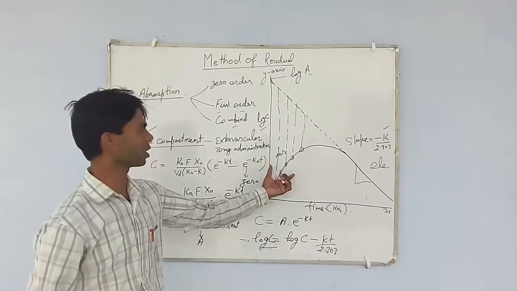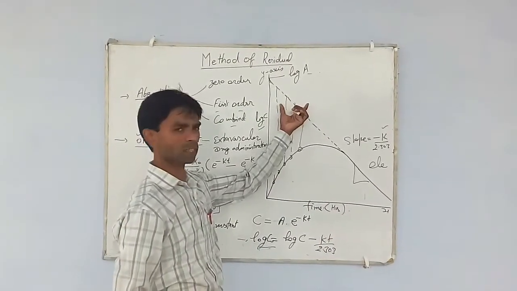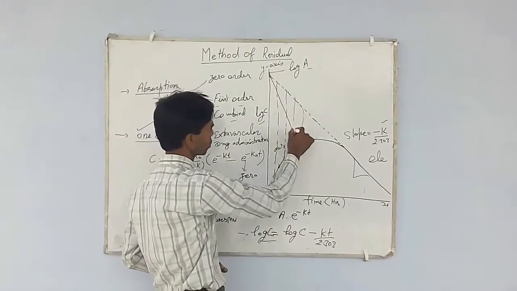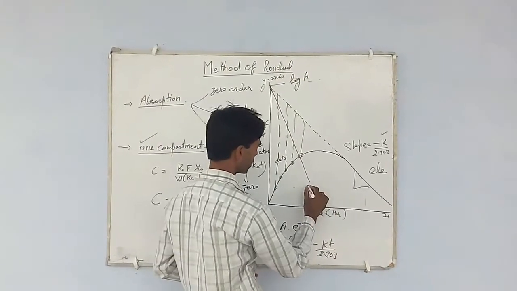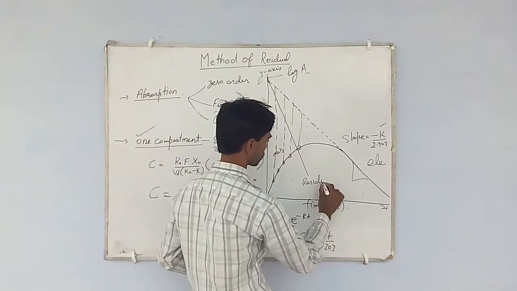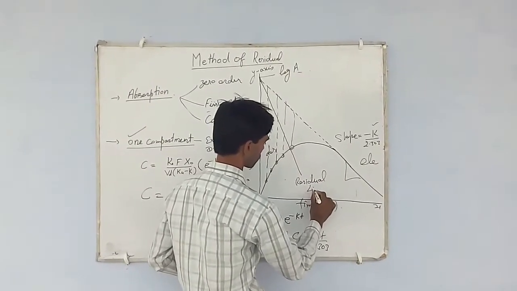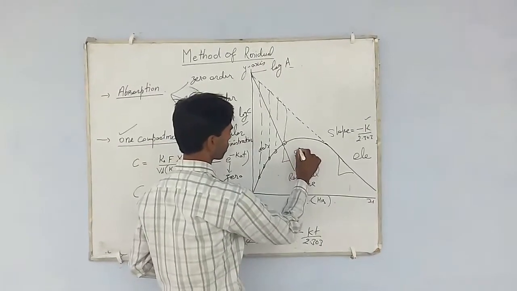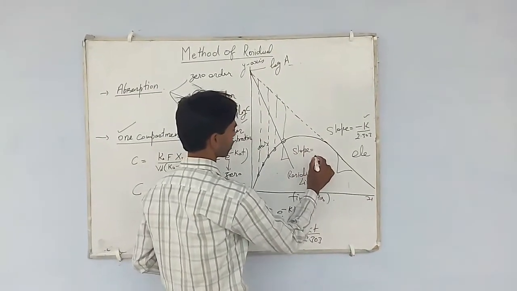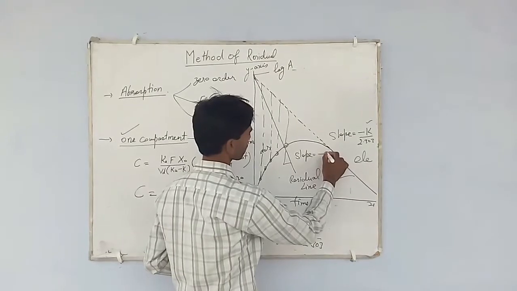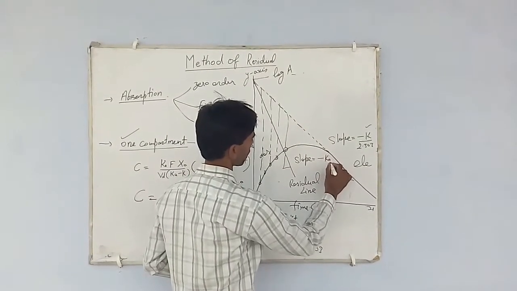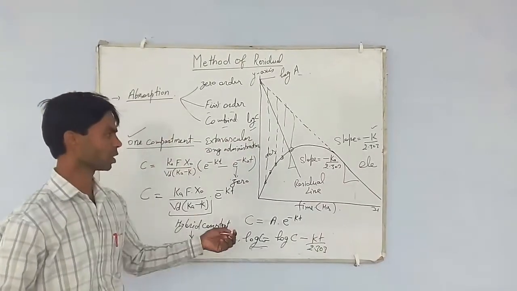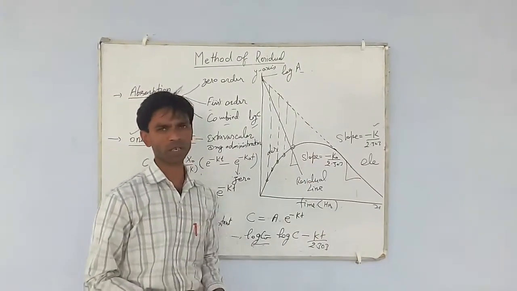Then the difference between the actual absorption data and the extrapolated data is used to draw a residual line. From the residual line, we determine a slope equal to minus Ka divided by 2.303. From this slope, we determine the absorption rate constant.